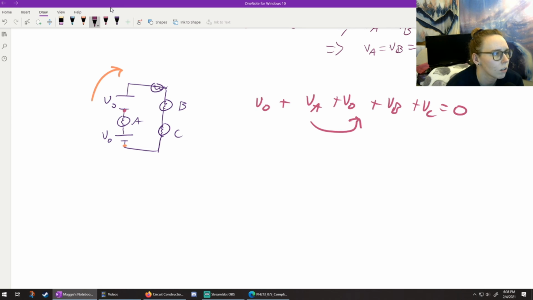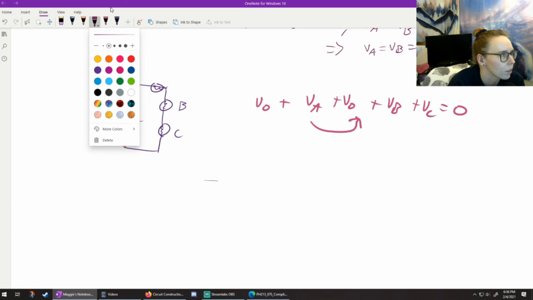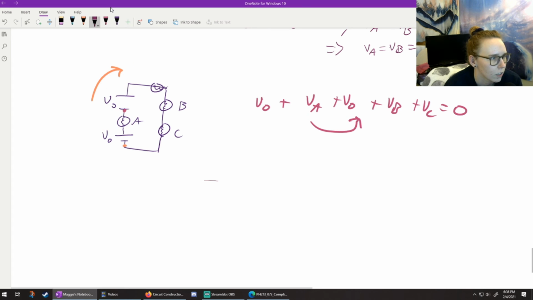Let's draw a little circuit monster. Don't like how thin that pen is. Get chonky. Little circuit monster. Beep, beep, beep, beep.